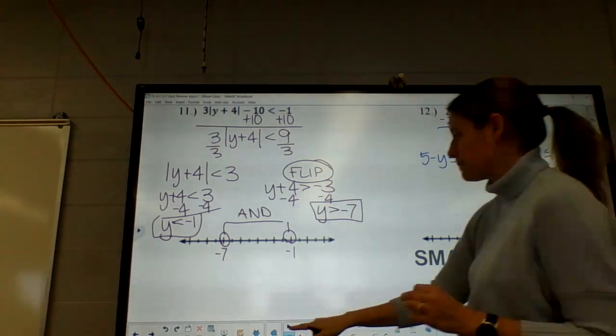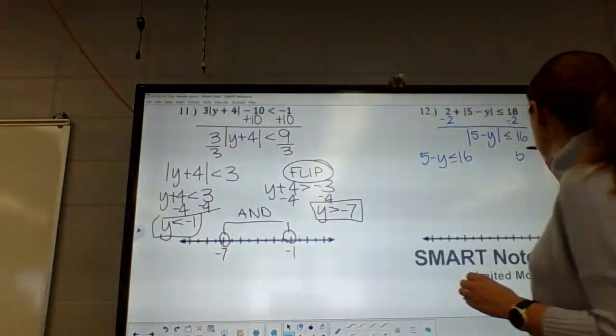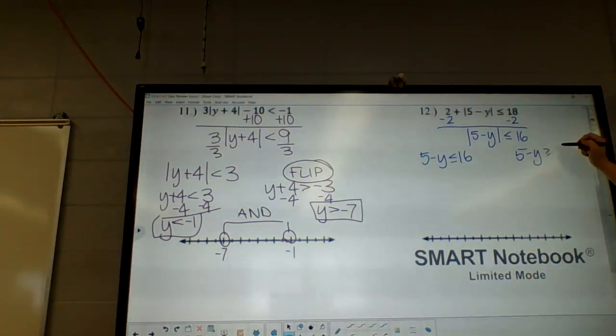Oops, I forgot to flip it there. So we flip the inequality there.